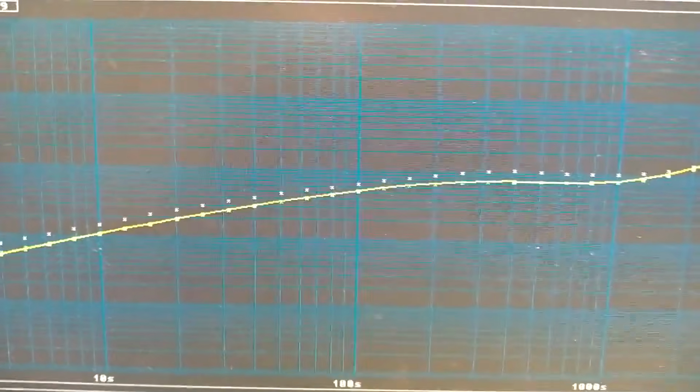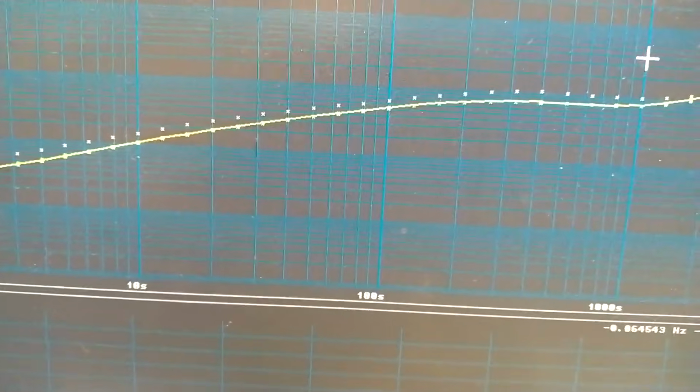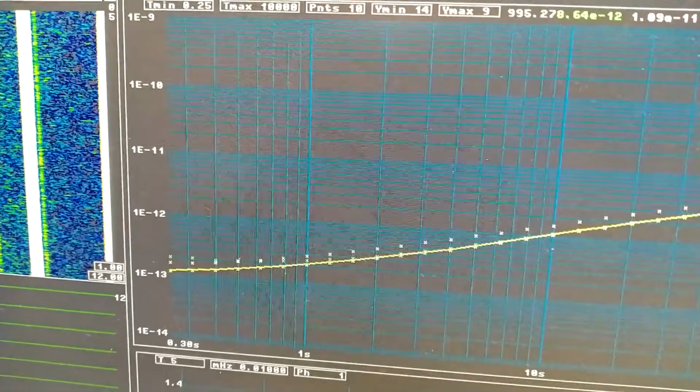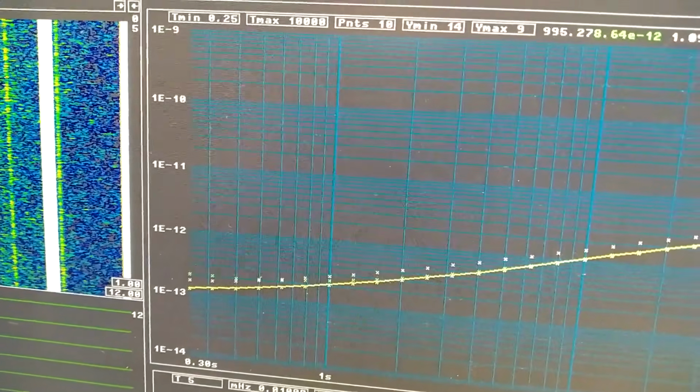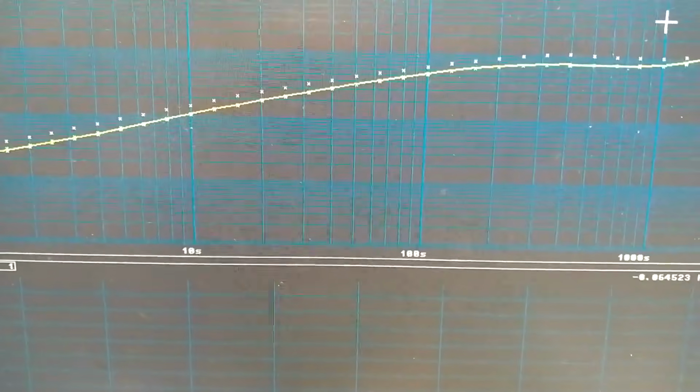The separation between green and red points, I can look here, is from 8.6 up to 1.09, and that is at 1000 seconds.